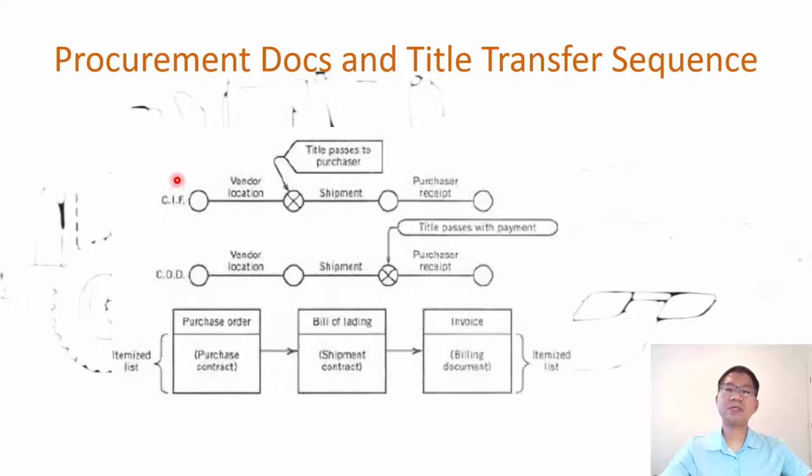The first is the CIF, cost, insurance, and freight, where the title passes to the purchaser at the vendor location. So the shipment, all of that, will be the purchaser's responsibility. And if we use the term cash on delivery, it means the vendor takes responsibility for the shipment.